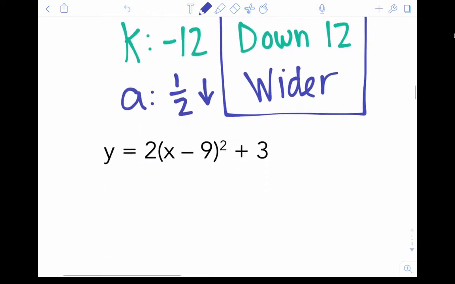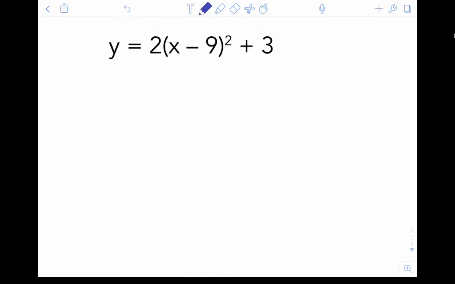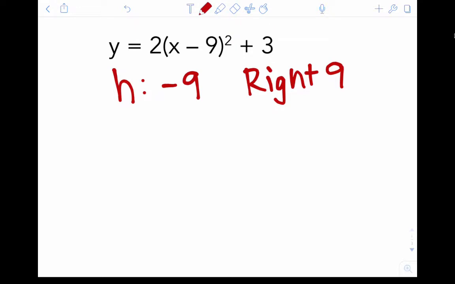One more. Go ahead and pause this video and try this next one. y equals 2 times the quantity x minus 9 squared plus 3 on your own, and then I will work it out and you can check your understanding. So this last one, the h is minus 9, which means that it's going to go right 9.